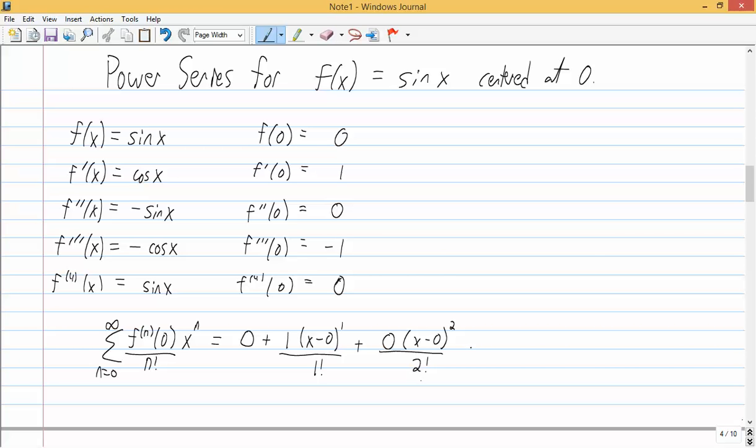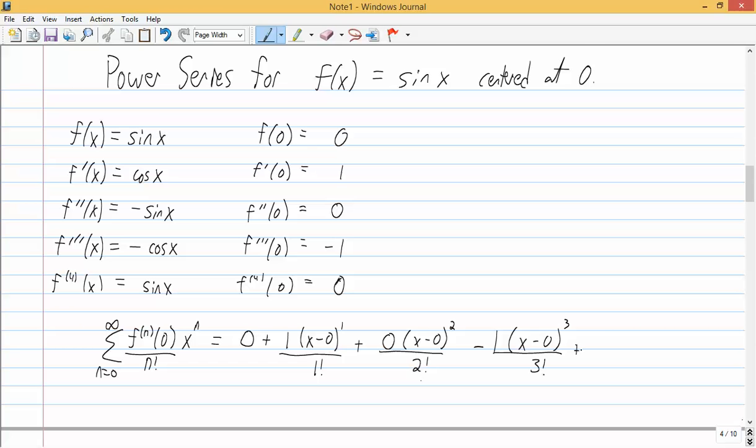The fourth term, if we plug in a 3 right there, we need the third derivative evaluated at 0. So that's going to be minus 1 times x minus 0 to the third over 3 factorial. And if we wanted to keep on going, we could just keep writing terms, but we need to remember the pattern: 0, 1, 0, negative 1, 0.